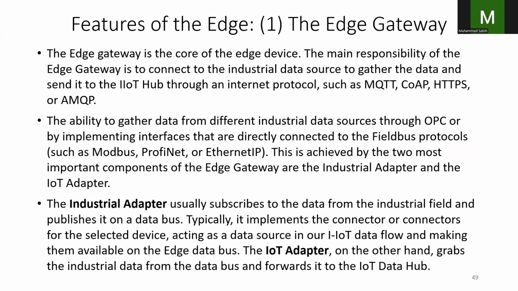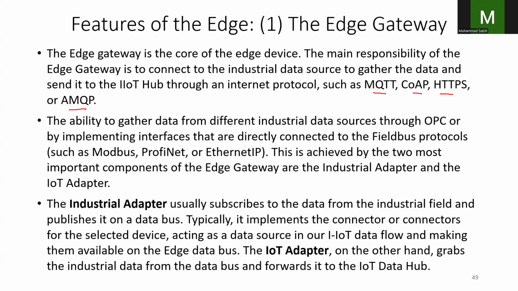Its main responsibility, or primary role, is to gather the data from industrial sources like PLCs or controllers and forward this data to the IoT data hub using protocols like MQTT, CoAP, HTTPS, and AMQP. So it interfaces with the industrial system via OPC or other field device protocols like Modbus, Profinet, and EtherNet/IP.